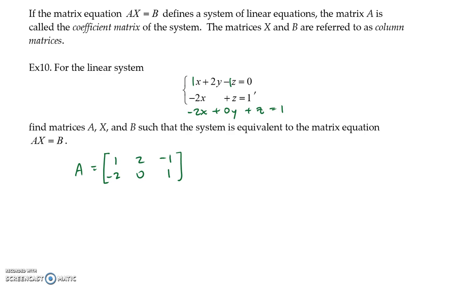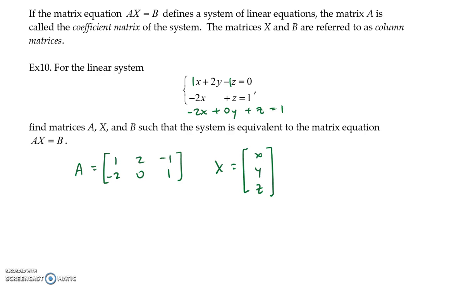That's the coefficient matrix A. The matrix X would be a column matrix consisting of the variables within the system. In this case, there are 3 variables, so we'd have x, y, and z. Now, the matrix X would be a capital X, and the variable x would be a lowercase x. With my writing, you can barely tell the difference, but that's the way it's supposed to be written.